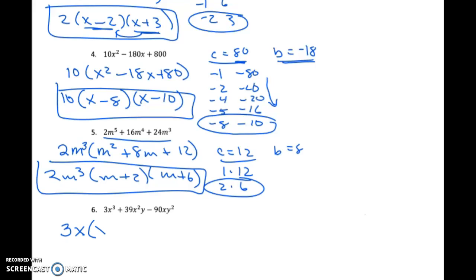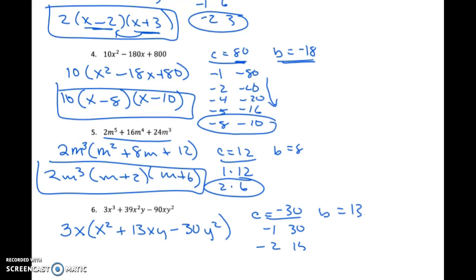So just the 3x. Alright, so we have c equals negative 30 and b equals 13. They have to be different signs and add to a positive 13. So I found my match.